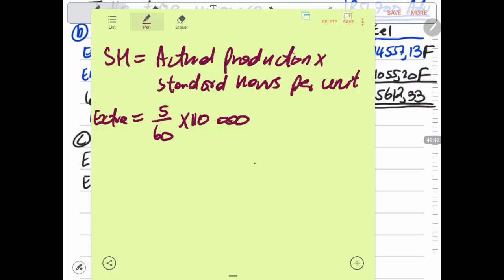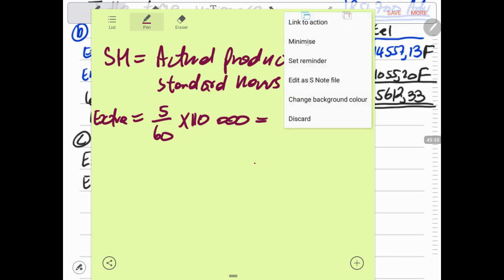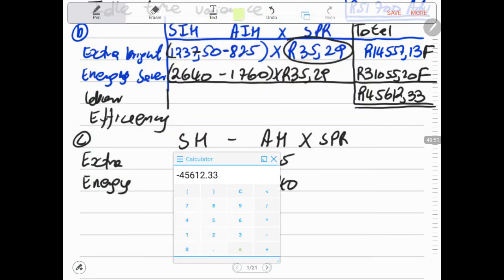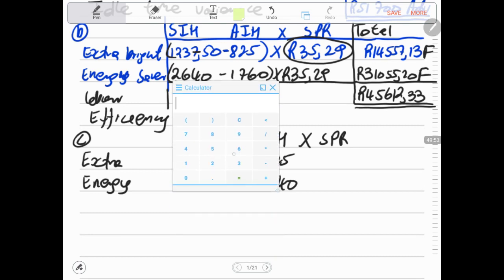So now we get to the standard hours. We have 5 over 60, which is 5 minutes over 60 minutes in an hour. It gave us 0.08333 hours. Multiply this by 110,000.